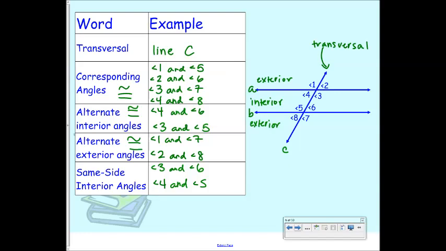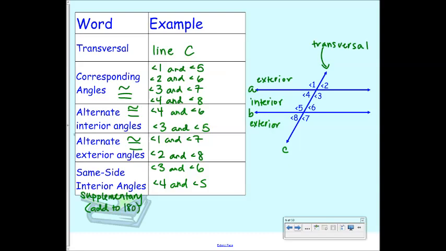If 2 is 120, what's 6? 120. Okay, same side interiors, the only ones that are different, they are not congruent, they are supplementary. Which means that they do what? Add up to 180. All right, so same side interiors add up to 180.